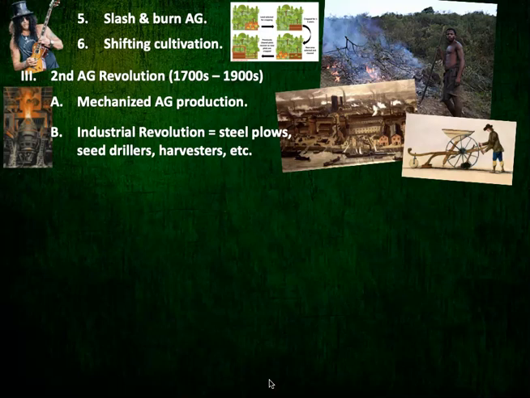Harvesters and big mechanized tractors would be developed in the mid and later 19th century, and these too made the physical labor and chore of farming far easier. So again, all of it is tied together, A and B, with this idea of mechanized agricultural production.